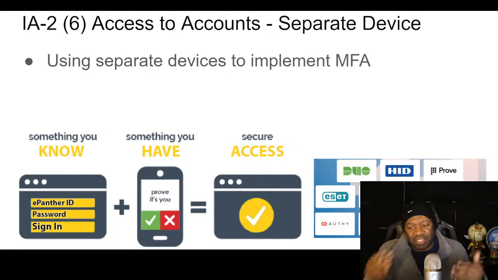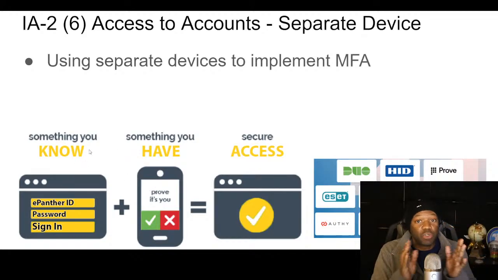I see organizations do different iterations of this. Some of them don't do it at all. But if they are worth their salt and they have very important data, they are doing this. Because what you want is what you have here on this screen: two different devices. Like you have your phone, going off a SIM card, and you have maybe email that sends a code, so that's two separate things.